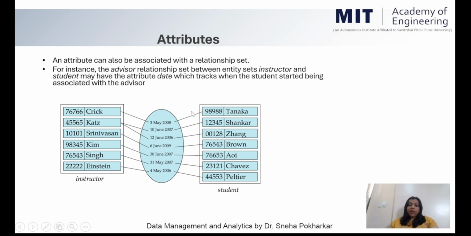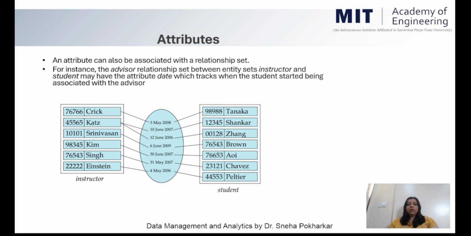For example, Tanaka is associated with Crick from 3rd May 2008. Peltier is associated with the advisor Einstein from 4th May 2006. So this date of joining or date of association may be one relationship parameter we can consider, right? And we can make some conclusion based on that.